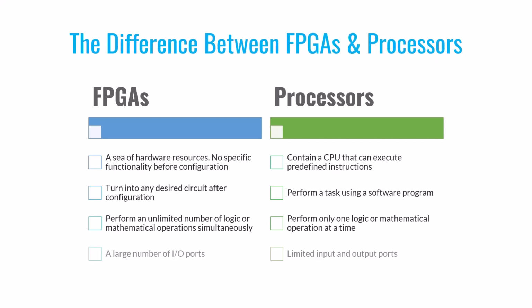Lastly, let's focus on the number of input-output pins. These ports are essential for communicating with peripherals like external sensors or displays. In a processor, you're somewhat limited in the number of these ports available. If you have many peripherals to connect, you may need to find ways to address them or share the ports through multiplexing.